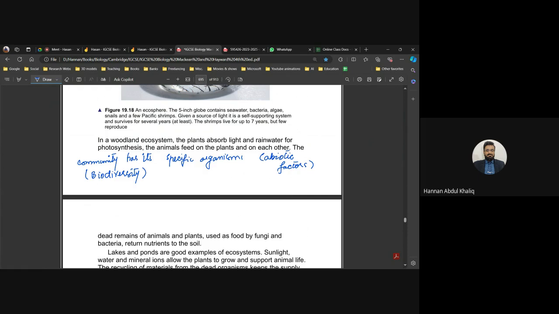So every community has its set of biodiversity or microorganisms depending upon those factors, and that defines the ecosystem.